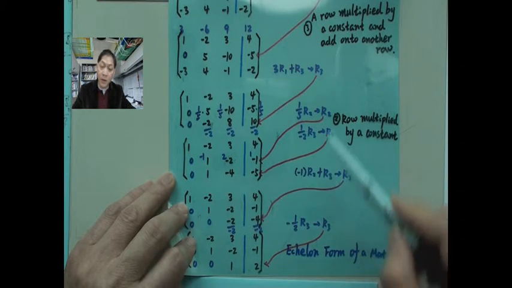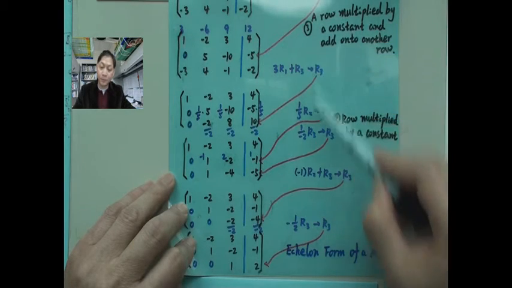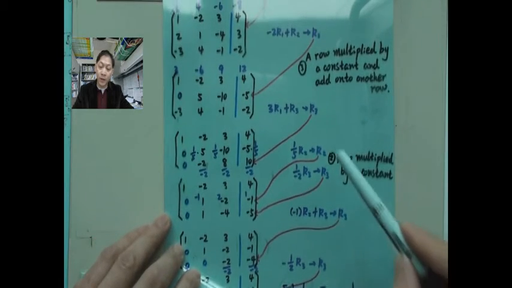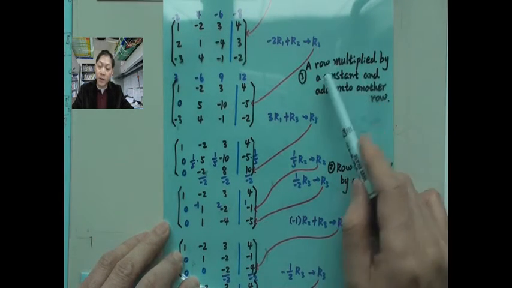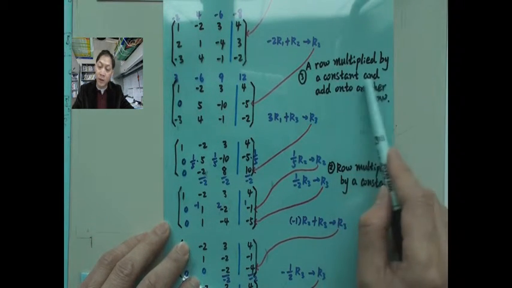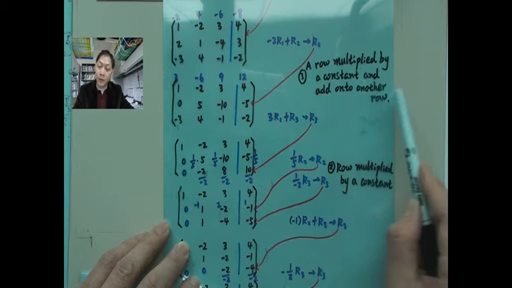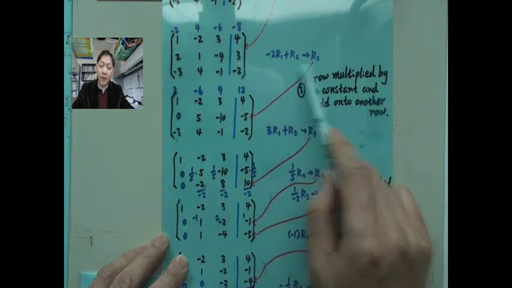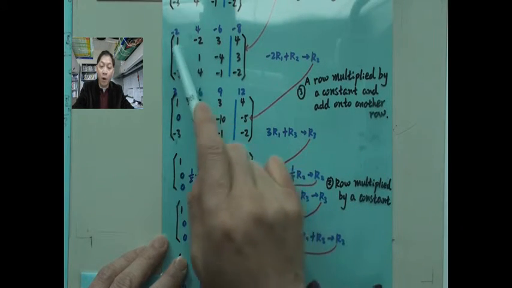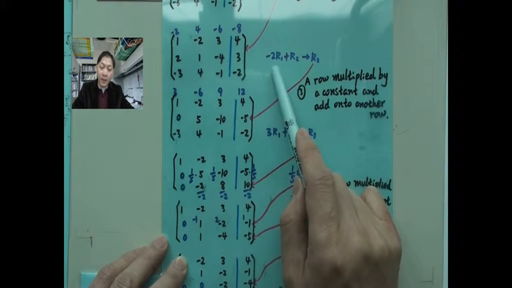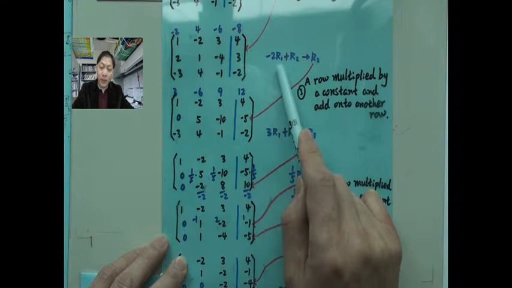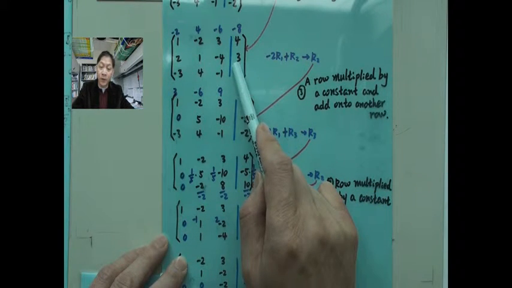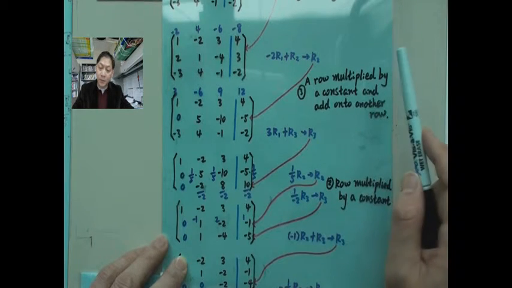Now, these 3 are the same. The one here, the one here, the one here. That's a row multiplied by a constant and added onto another row. Apparently, you can see right here is the first row multiplied by negative 2 and added onto row 2, to get a new row 2.